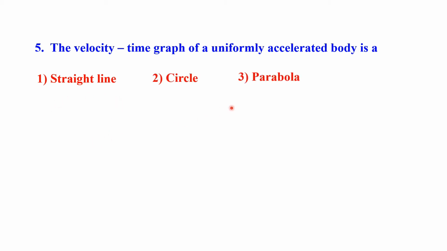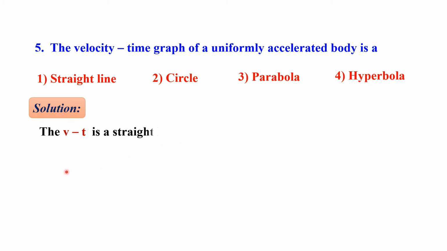Next, the velocity-time graph of a uniformly accelerated body is: a straight line, circle, parabola, hyperbola. Now let us discuss. The v-t graph is a straight line because v is equal to u plus at.